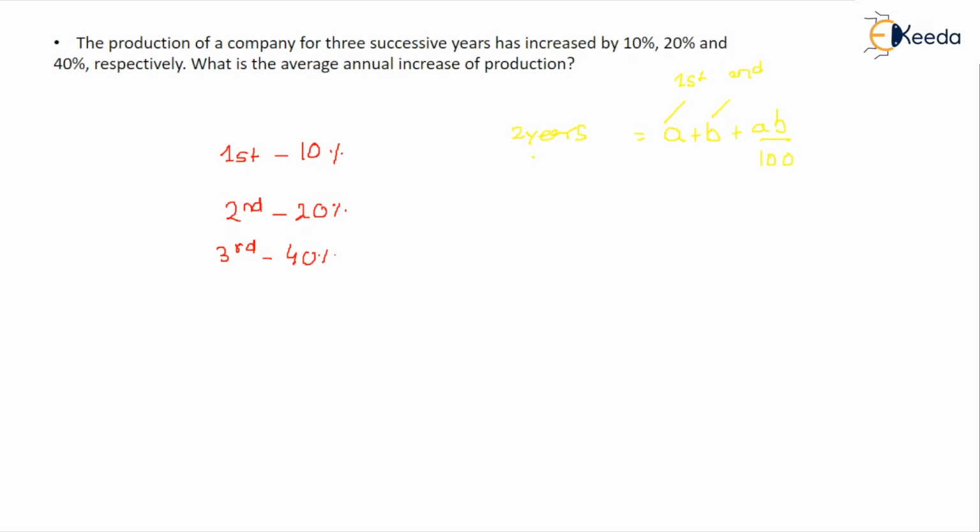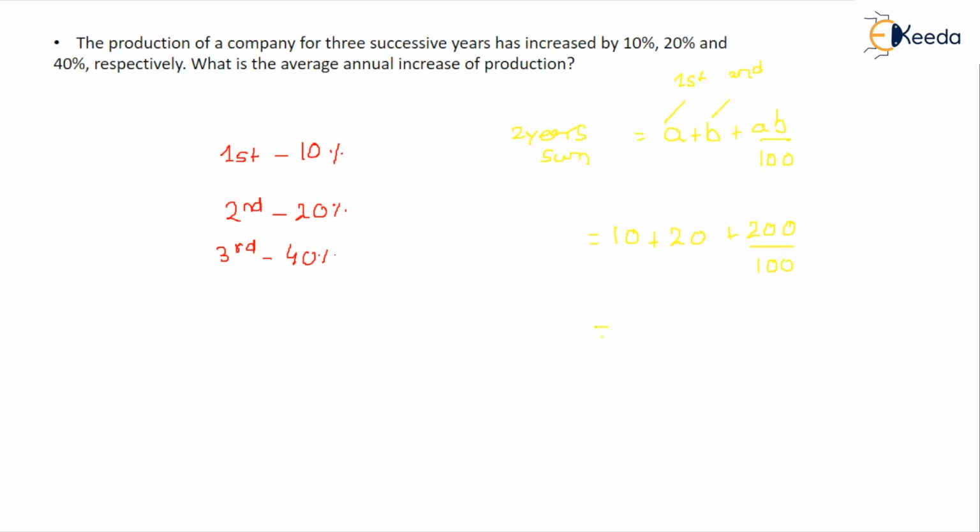And by applying this formula, A plus B plus AB by 100, you can find out the 2 year summation. So the first year it was 10, and the second year it was 20. So A is 10, B is 20, plus A into B, that is 10 into 20, that comes out to be 200, upon 100.